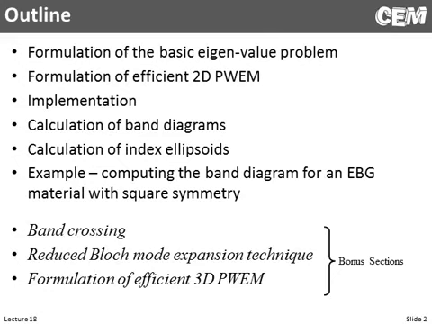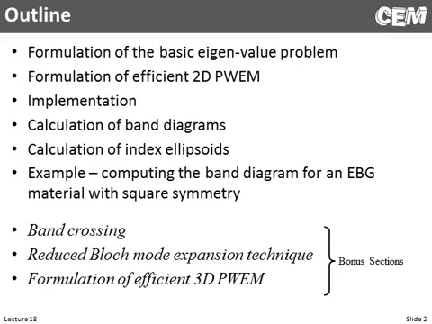Very quickly, we can go from the matrix equations we had from last lecture and formulate the basic eigenvalue problem. I'll step you through 1D, 2D, and then at the very end, as a bonus, an efficient 3D plane wave expansion method. We'll concentrate in this lecture on a 2D plane wave expansion method and discuss some implementation details.